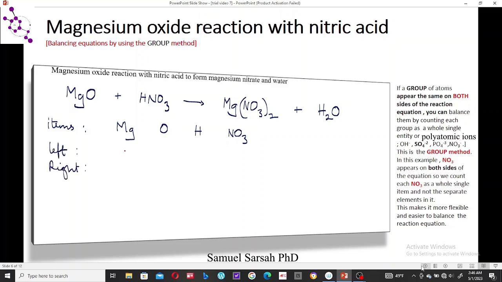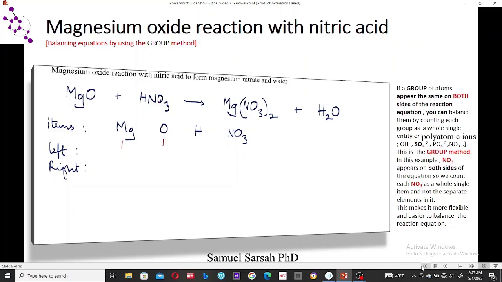So on the left side here, we have one magnesium, that is this, only one. Then oxygen, I'm referring to this oxygen, we have only one.